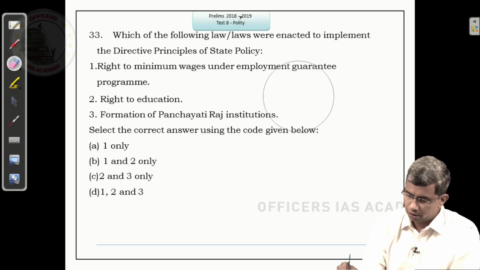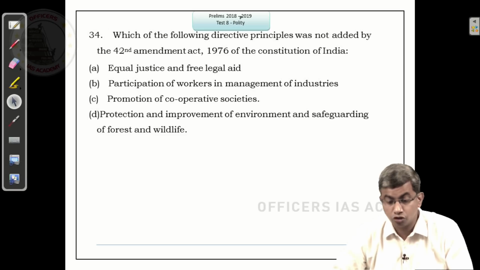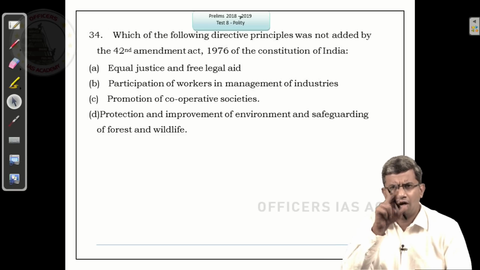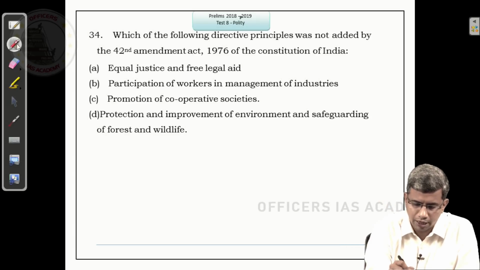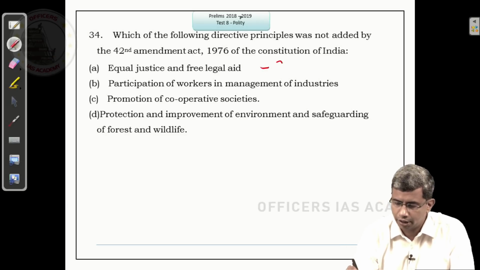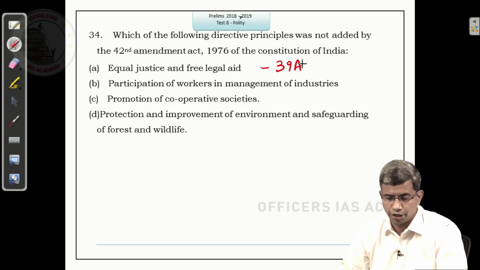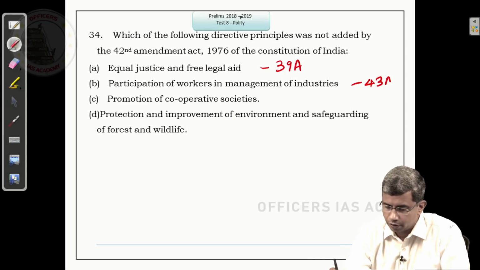Right? So moving on, which of the following directive principles was not added by the 42nd Amendment? All the A articles were added by the 42nd Amendment. Equal justice and free legal aid, 39A, which was used by the Supreme Court for justification of public interest litigation. Participation of workers in management of industries, 43A.